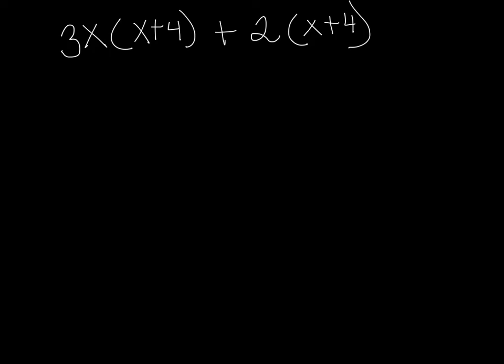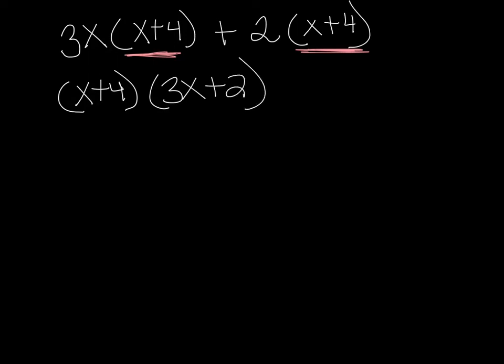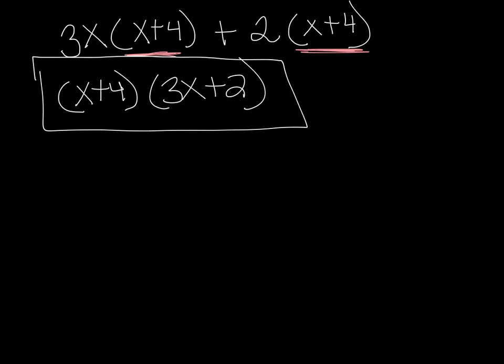Here we can see that I have an x plus 4 here and an x plus 4 here. So I'm going to factor that out. Now I'm going to have an x plus 4 that I'm factoring out of each, and then you multiply by what's left, 3x plus 2. So that is your answer for that particular problem using the AC method.